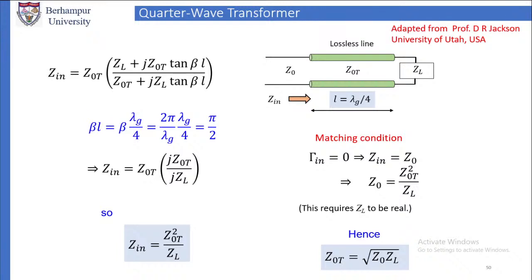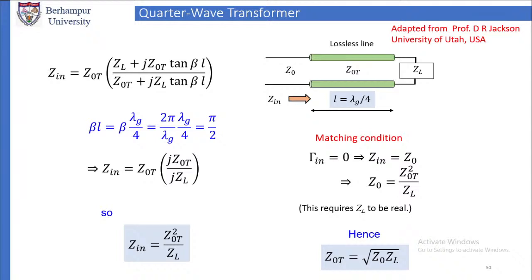That section of transmission line with characteristic impedance Z0T has length lambda g by 4, a quarter of the guided wavelength, and it is terminated in a load ZL.